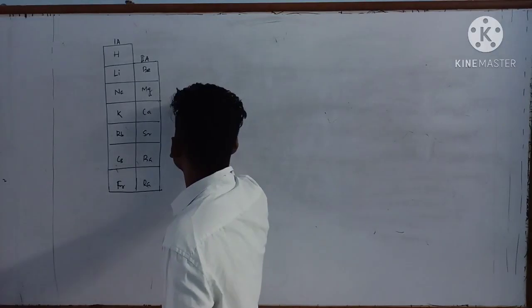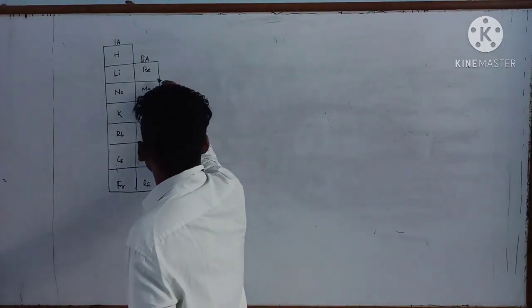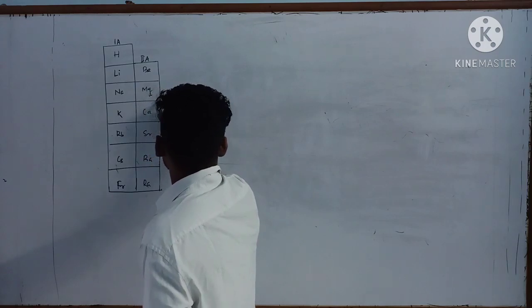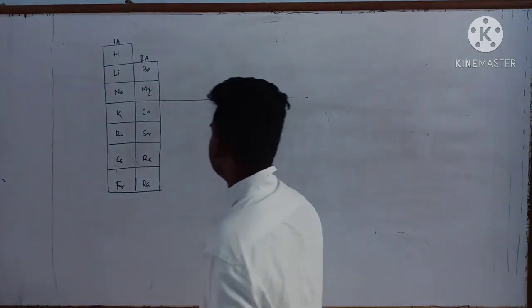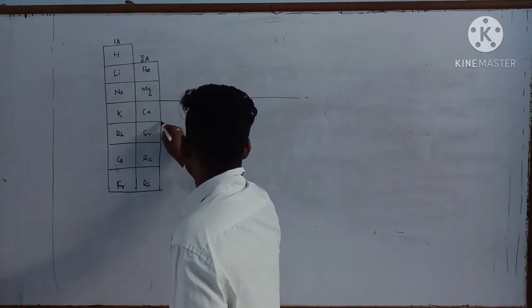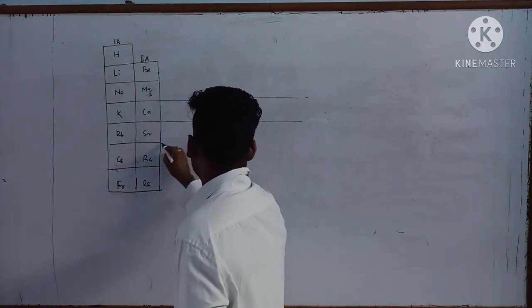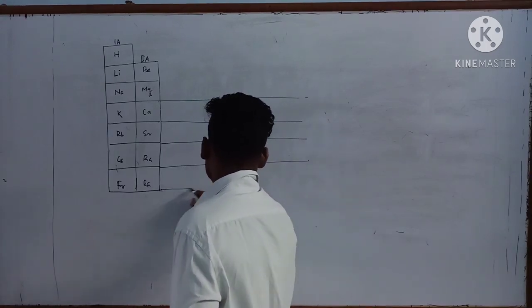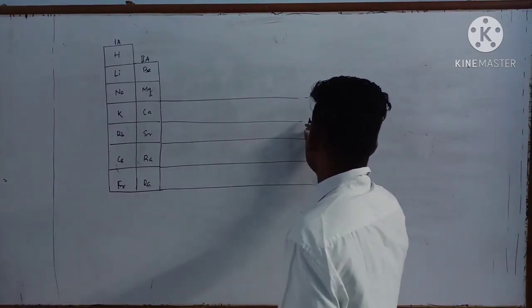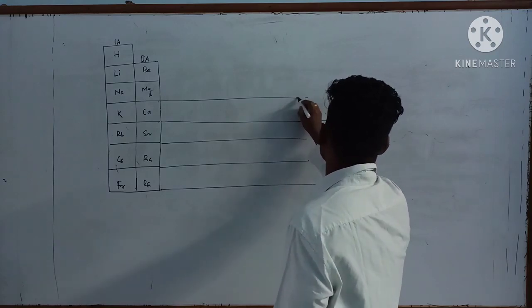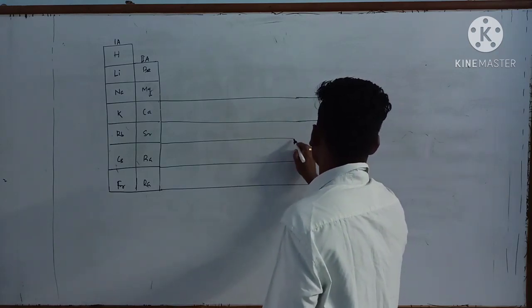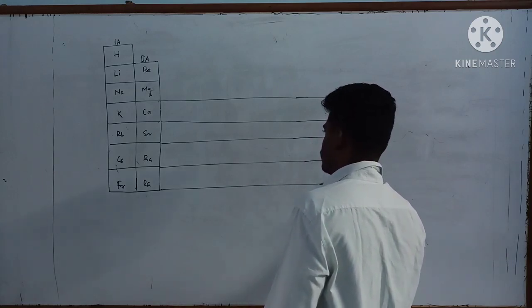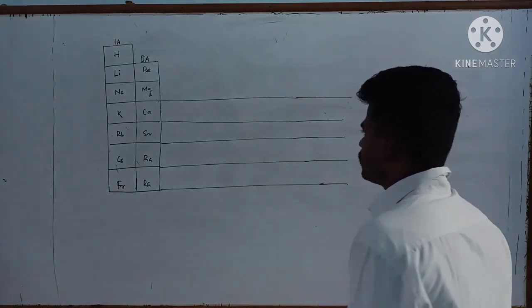Next, from calcium, these are called the transition elements or d block elements, from group 3 to group 12, like this. That clear?